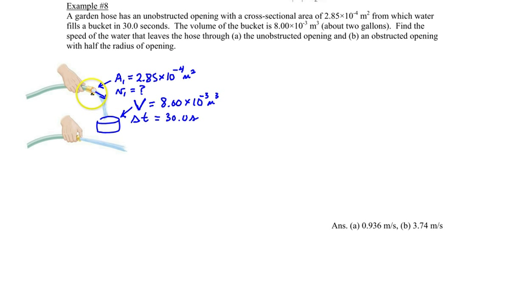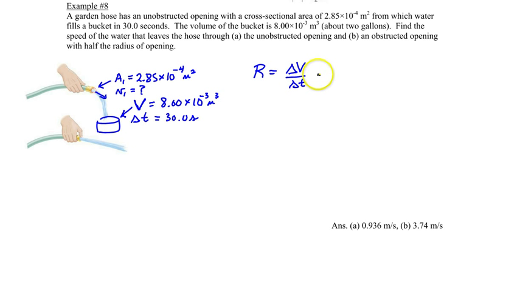Since the density of the fluid, water, is incompressible and constant, the volume flow rate past any particular point, whether it's unobstructed or obstructed, will be the same. The volume flow rate is calculated by taking the change in volume divided by the time it takes to fill the bucket.